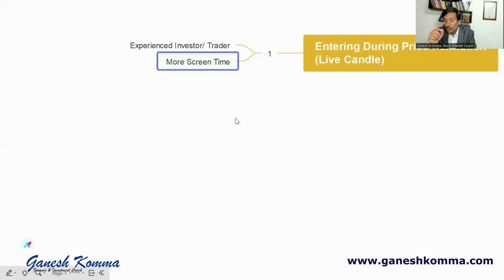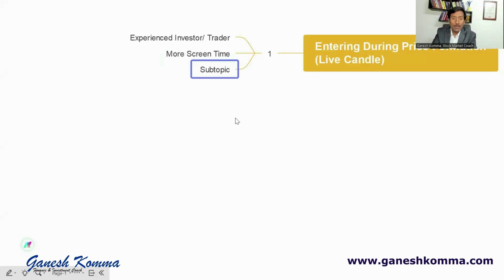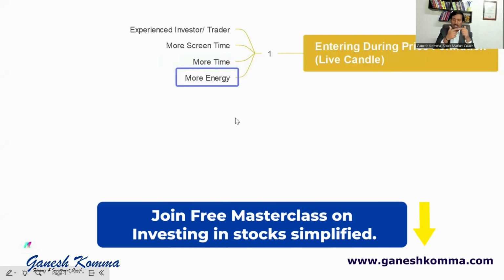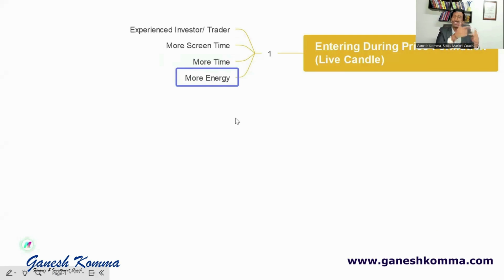So more screen time means you have to look at the chart more and give more time, more energy, because here the risk is a little bit higher, return is a little bit higher, and so the kind of work you do is also a little bit more.